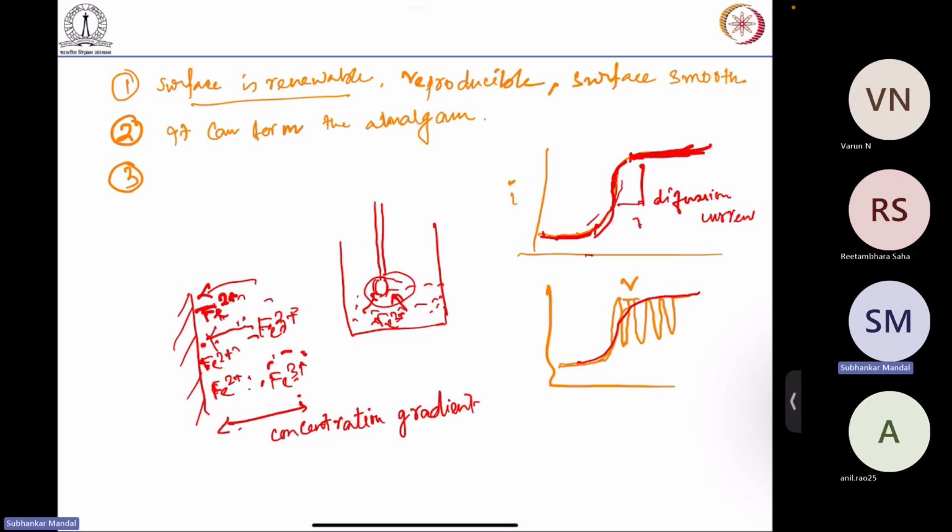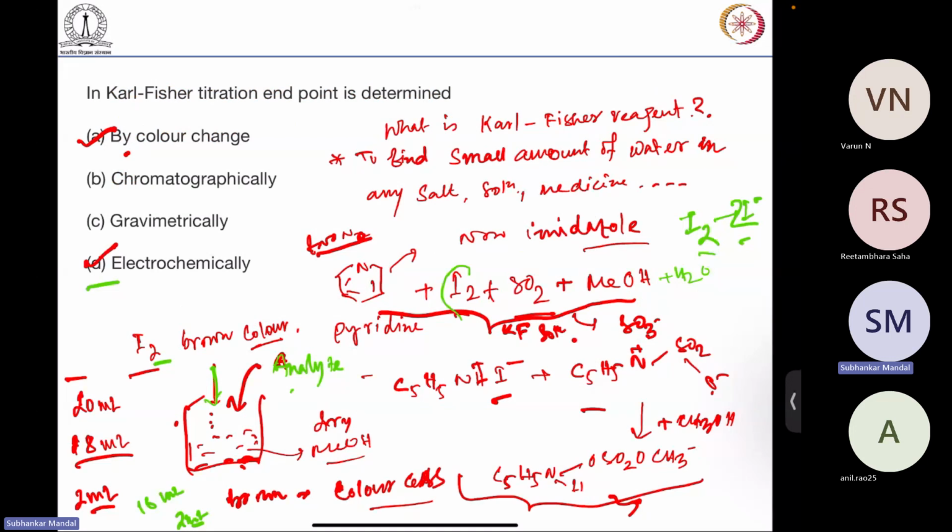For this there is no such diffusion layer, so a steady state is reached, because at the fresh electrode surface, fresh Fe3 plus or Fe2 plus is coming into contact with the working electrode surface. Okay, and after that we have discussed Karl Fischer titration.